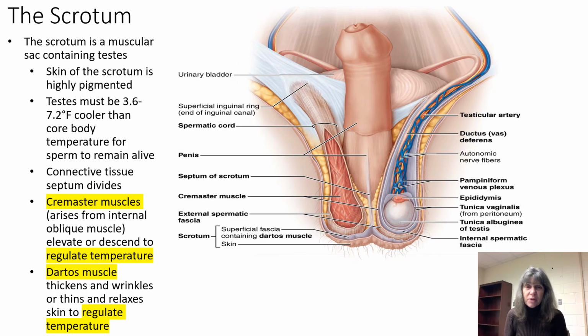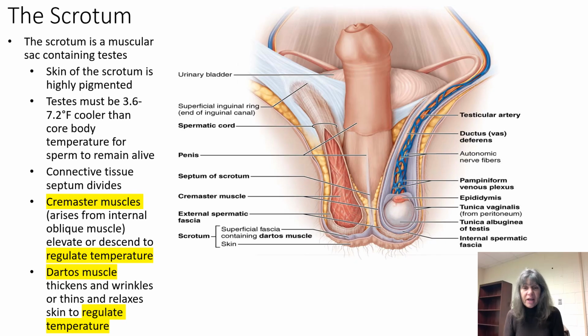There is a special muscle that actually arises from bands that came from the internal oblique muscle that go through the superficial inguinal ring at the end of the inguinal canal, and that forms the cremaster muscle, which can act to either raise or lower the testes to help regulate temperature.